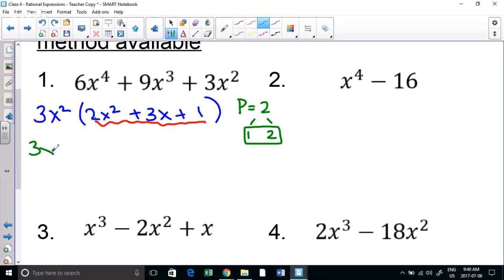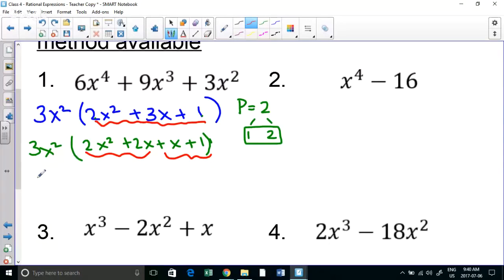Work within my bracket and say, all right, this gets broken into 2x plus 1x plus 1. And then I regroup within the inside. So I'm just going to make this big bracket so it's clear.